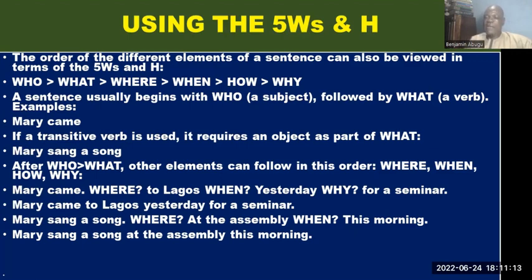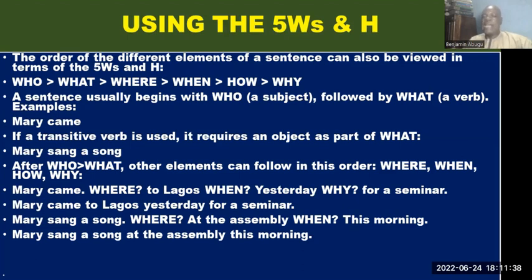Yesterday. Why? For a seminar. So you see, if you look at it, this is naturally how an English speaker arranges the words in a sentence to convey the intended meaning. All right? So naturally, you convey your ideas by arranging these elements of a sentence.